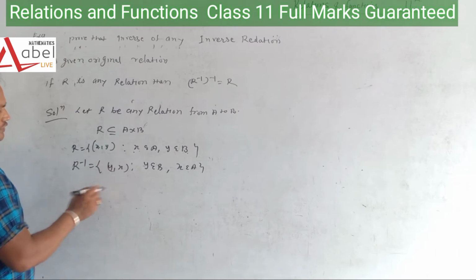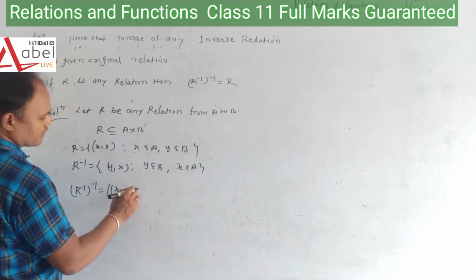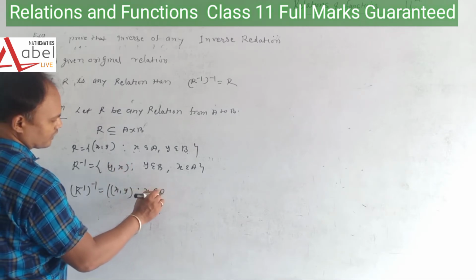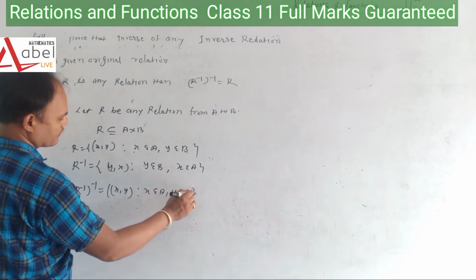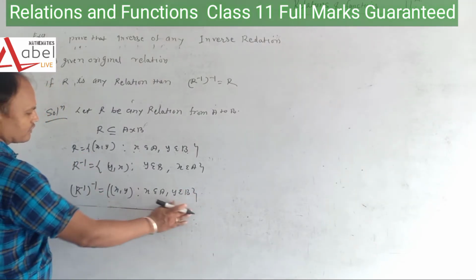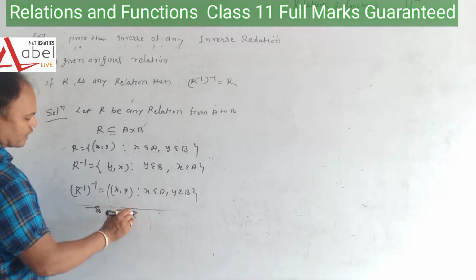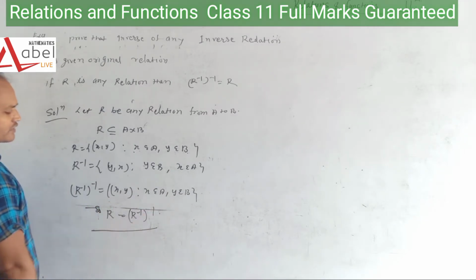Again we take the inverse of this, so R inverse inverse is (x, y), just doing the opposite, where x belongs to A and y belongs to B. By this way we can say that this is the same, so R equals R inverse to the inverse.